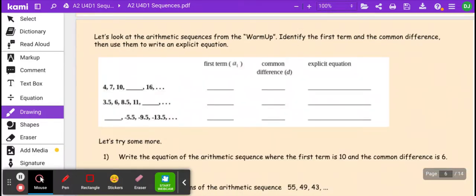Okay, if you look at the next section, remember when we did our warm up? I just pulled the arithmetic sequences here, and let's practice. What I want to practice is writing the explicit equation, so it's using that formula from the previous sheet. So if you want to go grab that, it was the first term plus n minus 1 times the common difference.